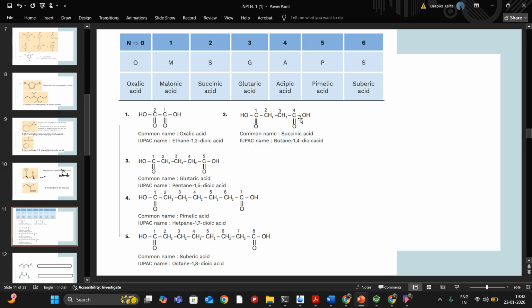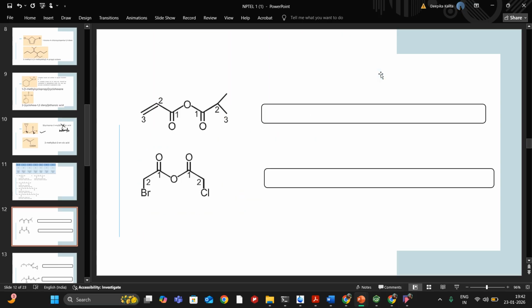So you can use the abbreviation OMS GAPS to remember the names of these dicarboxylic acids. Now let us move to the further examples of this tutorial.